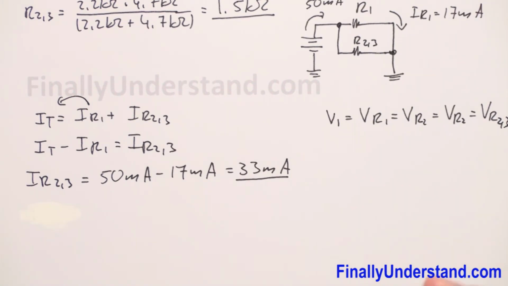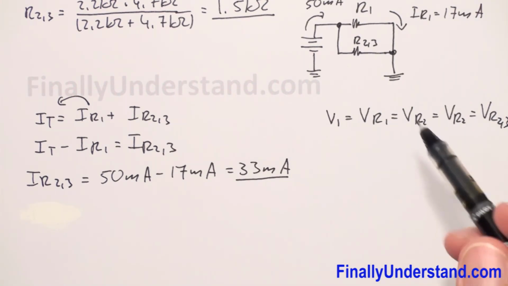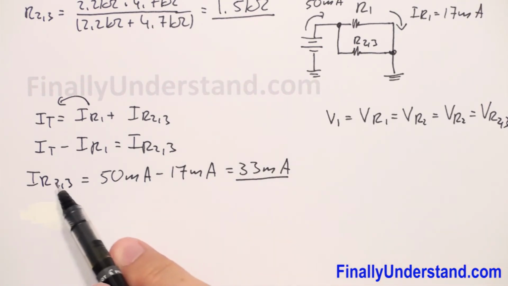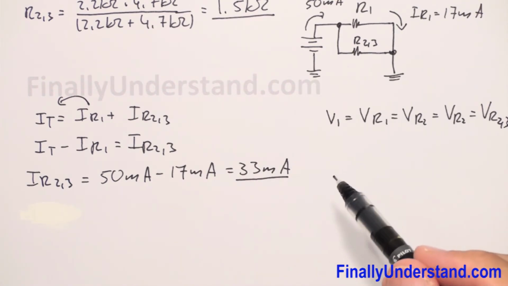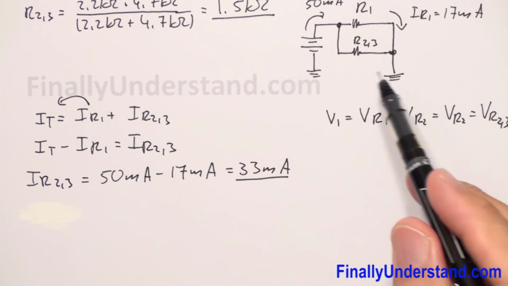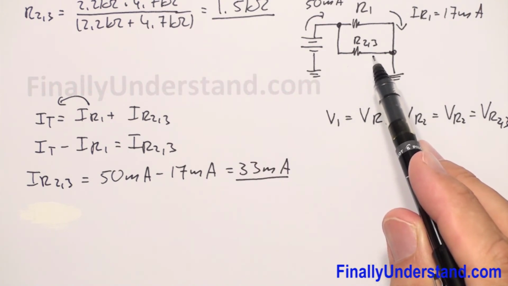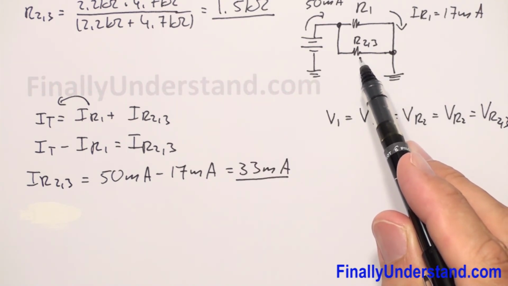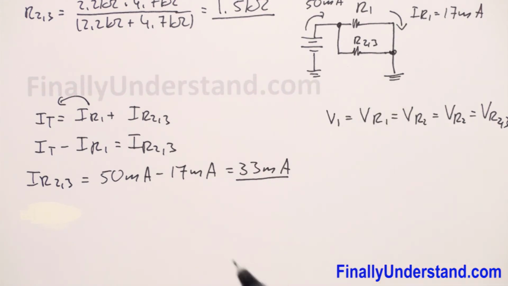Okay, so now we can find the total voltage, because we know the current which goes through the resistor R23, and we have the resistance of resistor R23, so we can find the voltage.